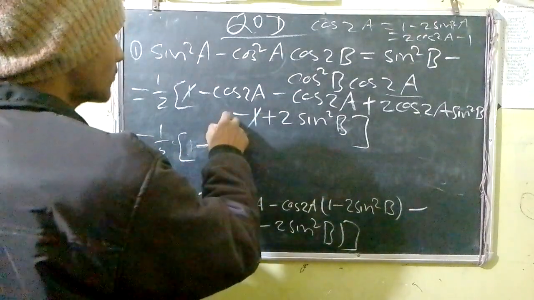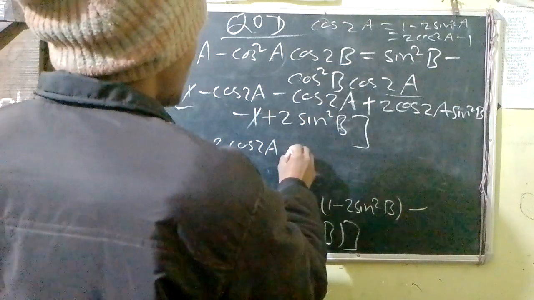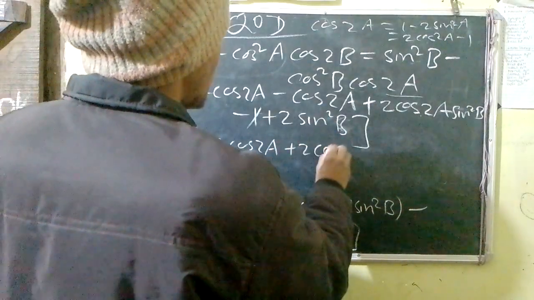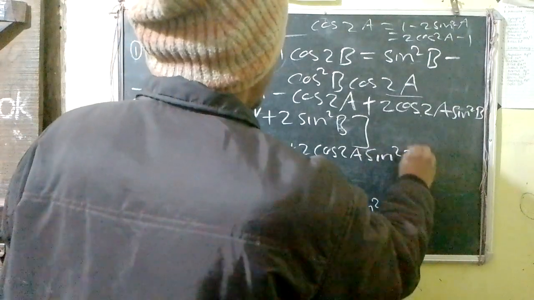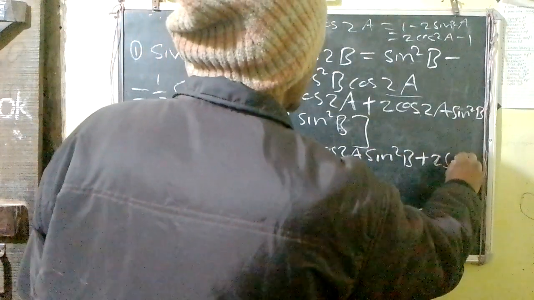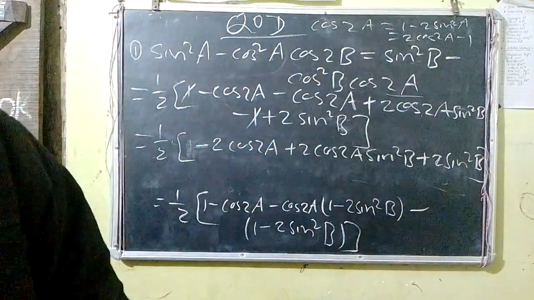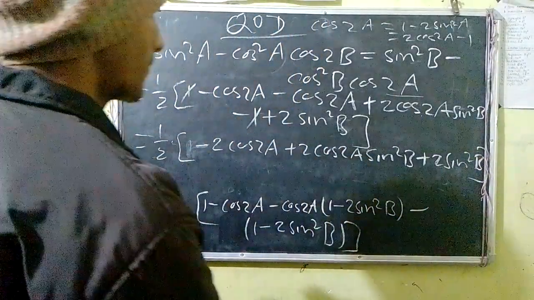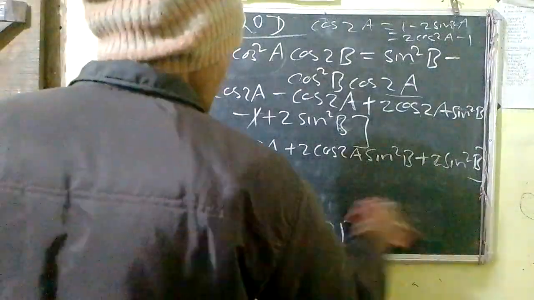Minus 2 cosine 2A, and then we have 2 cosine 2A sine square B plus 2 sine square B. Let's go to the next step. Did I miss anything? No.